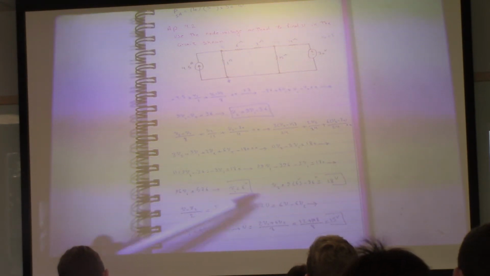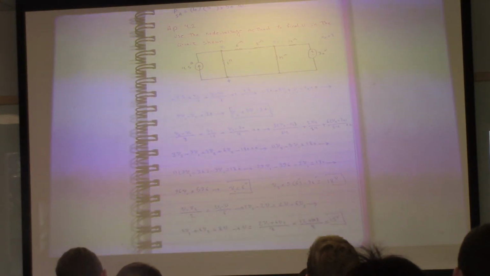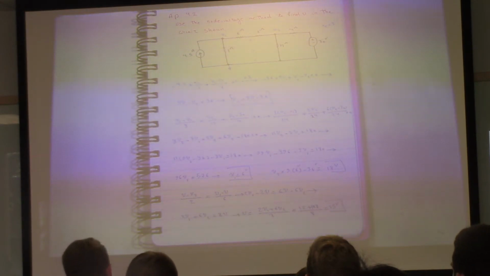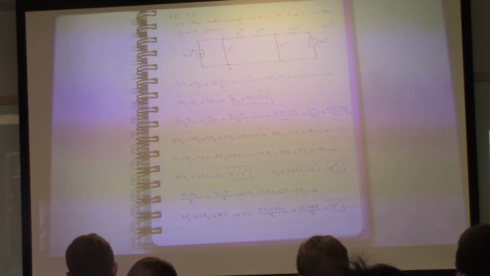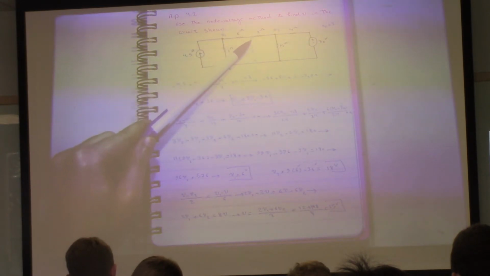Again, substitute 6 volts into this equation, you get V2 of 18 volts. So how do you calculate V?